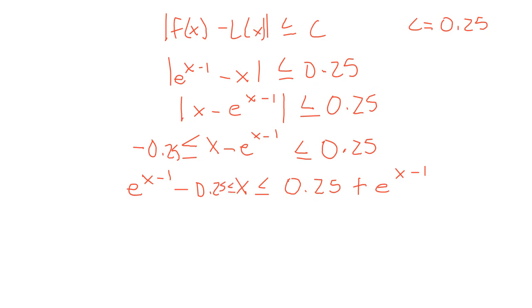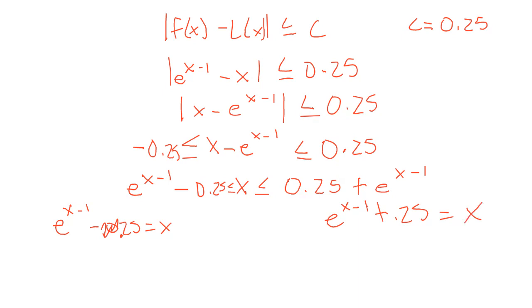All right, so now that we're up to here, we can solve and figure out what our error is. We can set e to the x minus 1 minus 0.25 equal to x, and we can also say that e to the x minus 1 plus 0.25 is also equal to x.